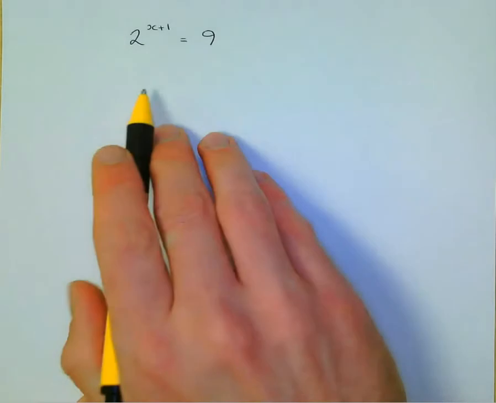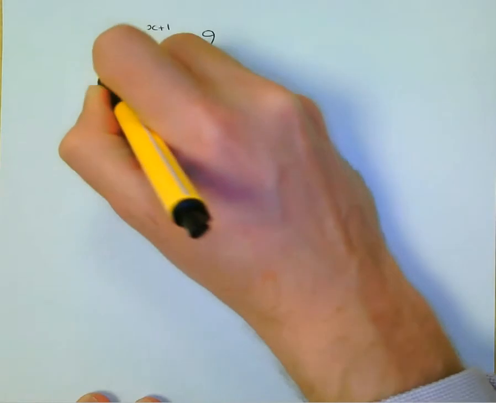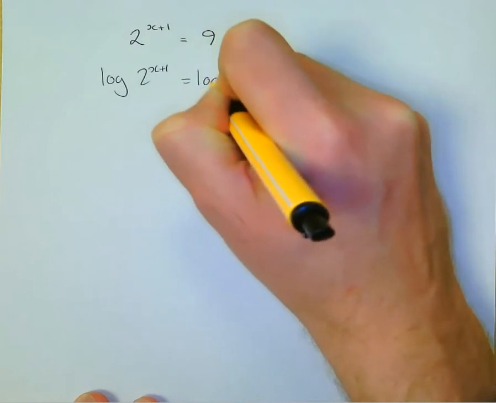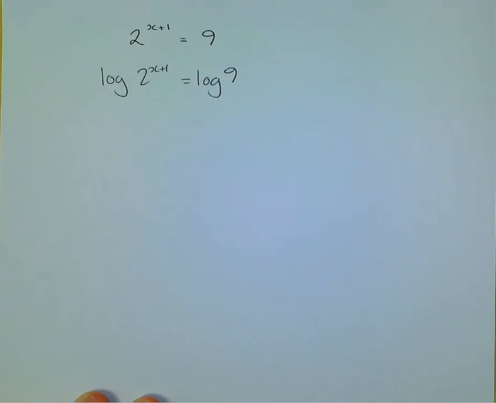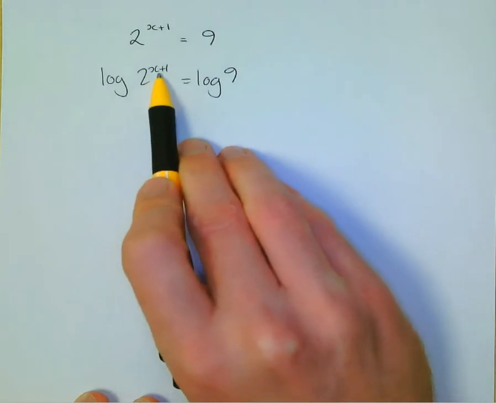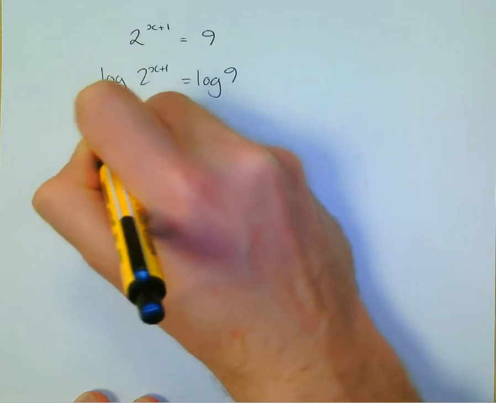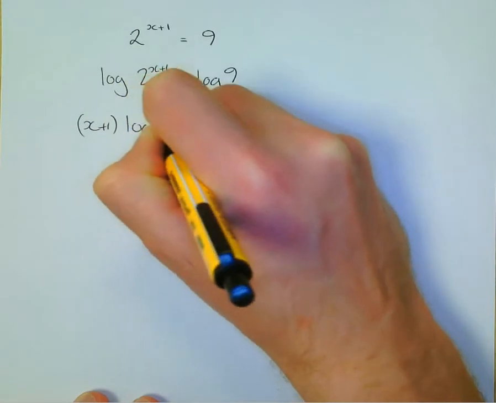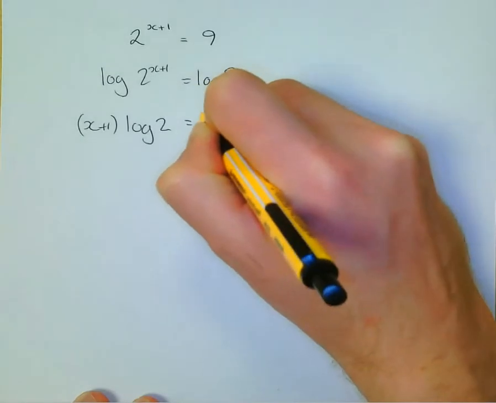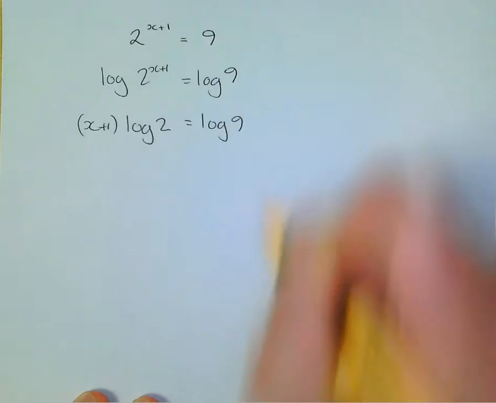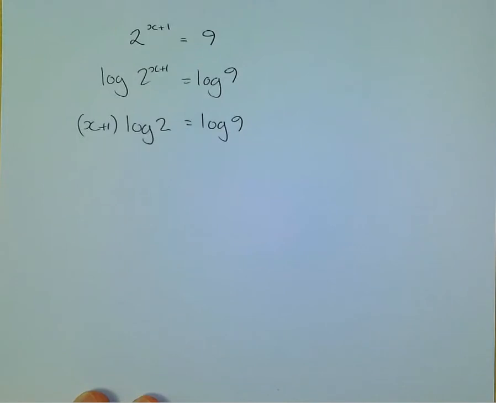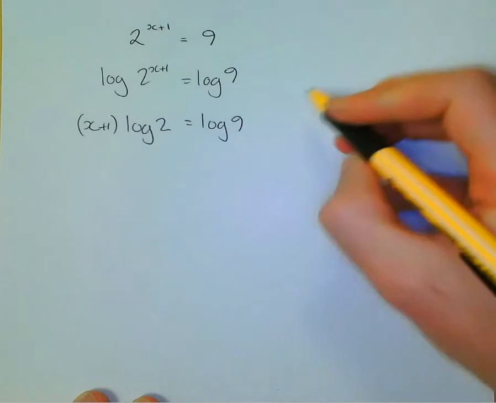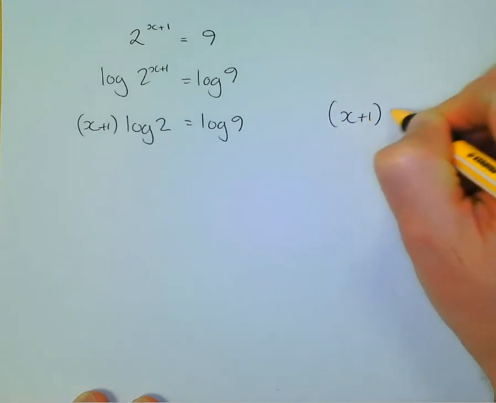Okay, so we're asked to solve this, so we're going to just take the log of both sides. And again, excuse me, we've got a power, so we can apply the power law. So we've got x plus 1, I'm going to just put that in brackets for now, log of 2 equals log of 9. Now, remember, this is just a constant value. It's really no different than writing that.